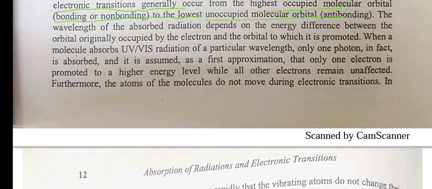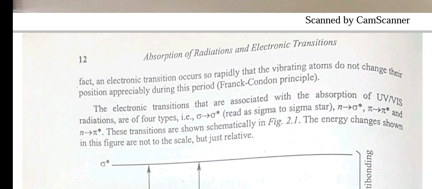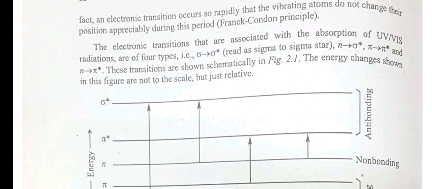Furthermore, the atoms of the molecule do not move during the electronic transition. In fact, an electronic transition occurs so rapidly that vibrating atoms do not change their position appreciably during the period. This is the Franck-Condon principle. The electronic transitions that are associated with the absorption of UV-visible radiation are of the four types.